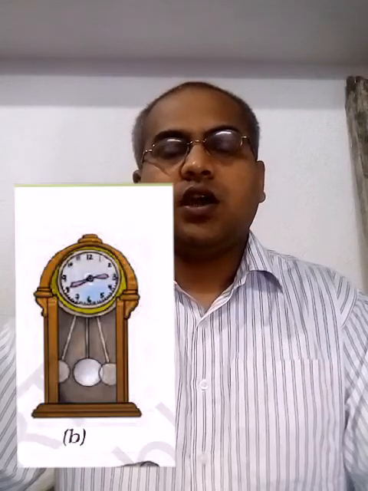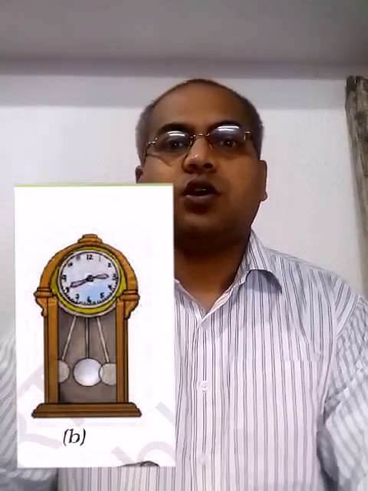We observe several types of motions, and there are several examples of periodic motion in our daily life. The most common example is the motion of a pendulum in a watch clock.